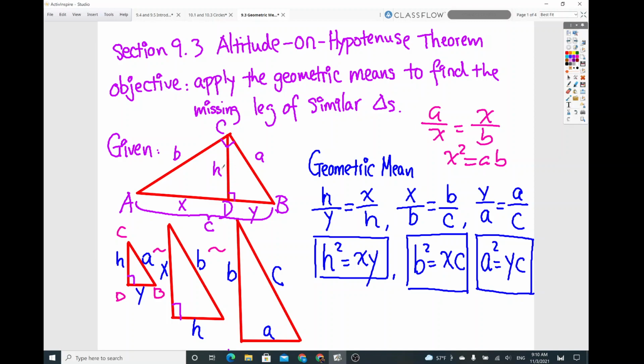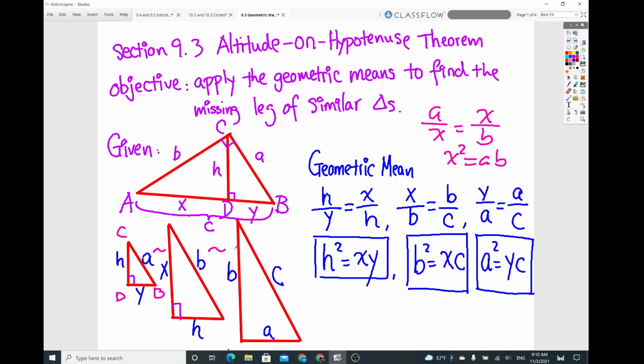Then the medium triangle: you want to turn this one vertically, so you rotate it 90 degrees clockwise. Now we have H as the base, X as the height, and B as the hypotenuse.